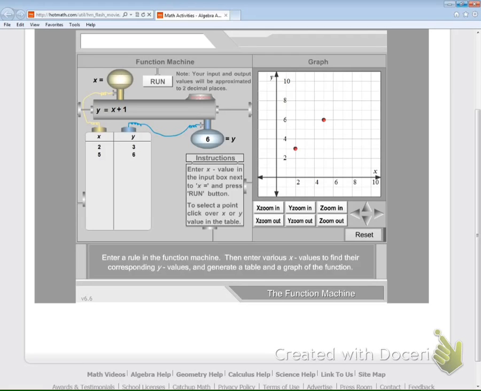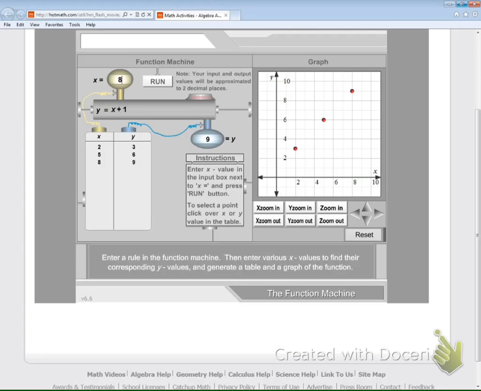What would be the output if we put, say, an 8? Well, 8 plus 1 is 9. On the left, you see a t-table that started to form to represent all the ordered pairs of this linear equation. We can try another equation.